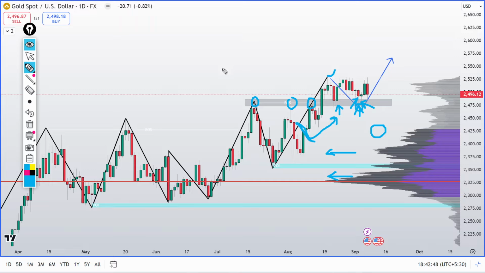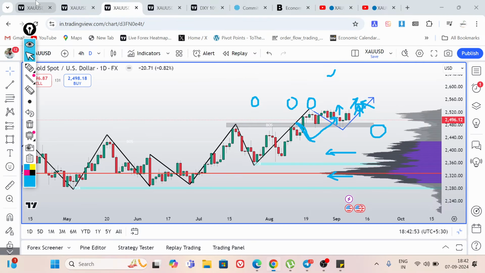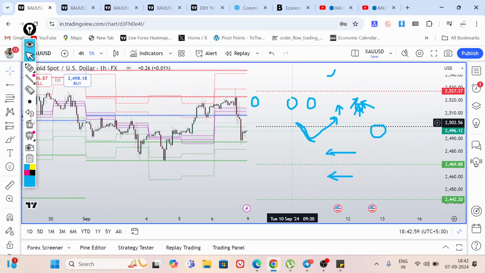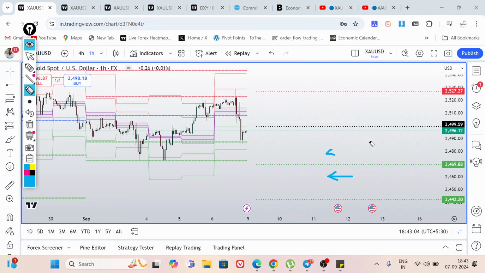Also, the price at that time was trading near weekly support 1 and 2. You can see right here on the 1 hour time frame. So overall the scenario and the sentiment was clearly bullish.